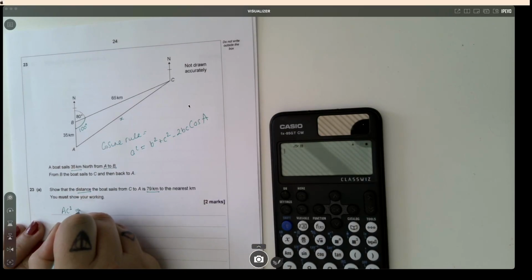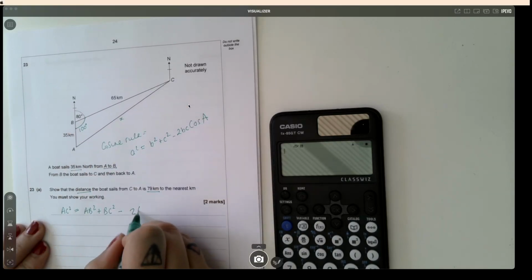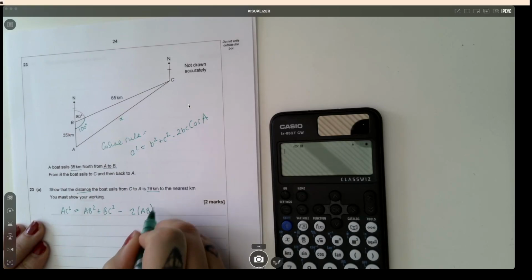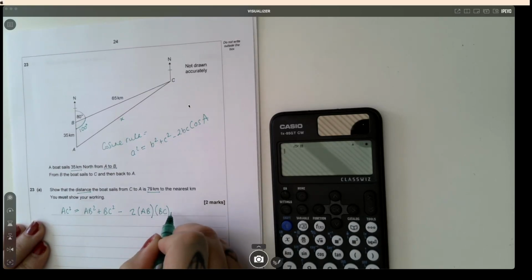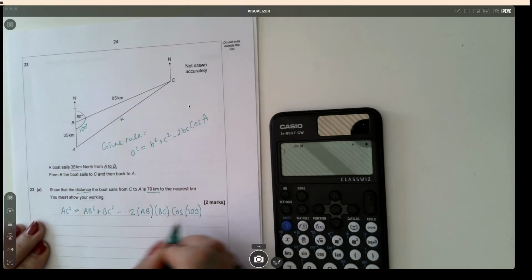So AC squared equals AB squared plus BC squared, subtract 2 times AB times BC times cos of the angle of 100 degrees.